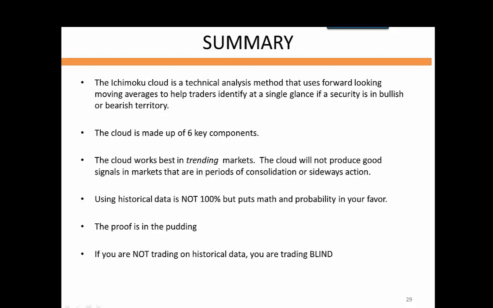The Tenkan-sen is the highest high plus the lowest low over the last 9 periods divided by 2. Then we have the Kijun-sen, which is the highest high plus the lowest low over the last 26 periods divided by 2. Then we have the Chikou span, which is today's price plotted 26 periods ago. Then we have the cloud in the future, the Senkou spans.